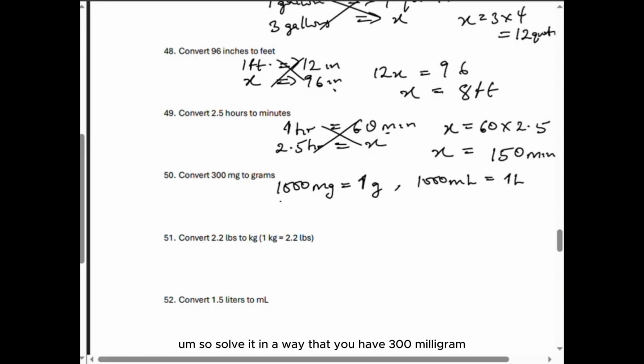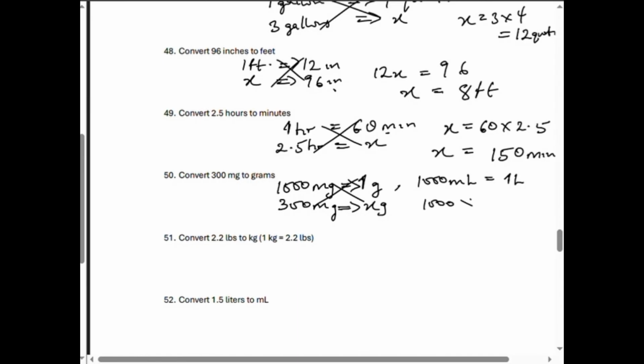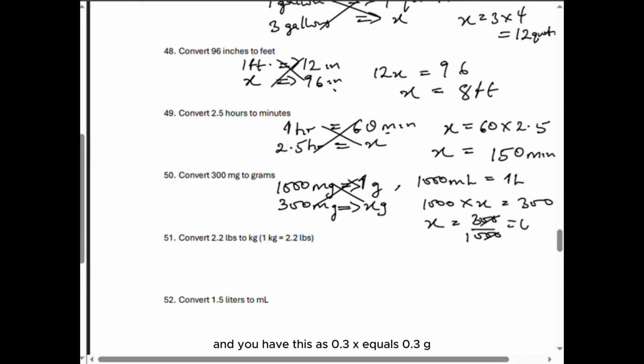So solve it in a way that 300 milligrams equates to how many grams. You put your x value here. So you have 1000 times x equals 300. x equals 300 divided by 1000, and you have 0.3. x equals 0.3 gram. Yes, you need to put a unit, gram.